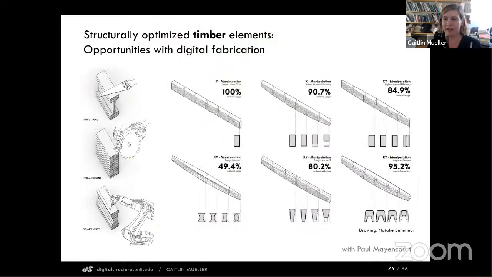The last material here that I'll show is timber, which is another material that's gaining a lot of traction. It's used in many parts of the world that have forest resources and increasingly is seen as a sustainable alternative to conventional materials. It's also an amazing material because it can be machined incredibly easily.